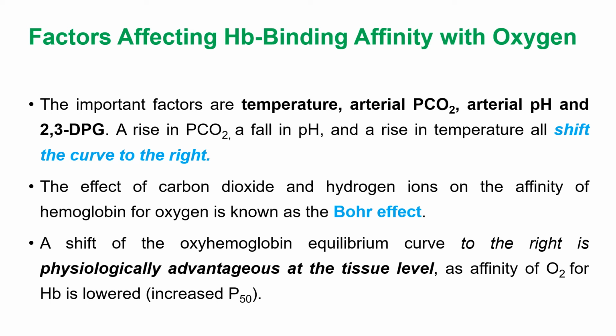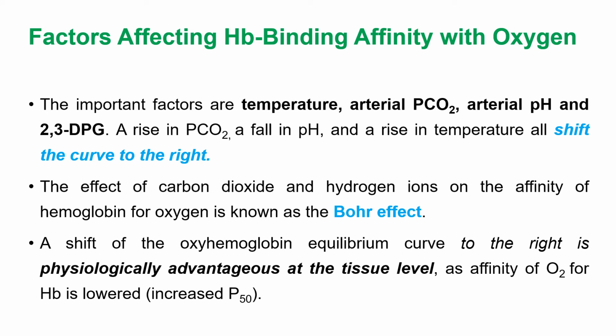It is very important for your exam. Study it many times, then only the concept will be cleared, and be very clear in this Bohr effect. If any of you are having any confusion in this Bohr effect, please do ask.